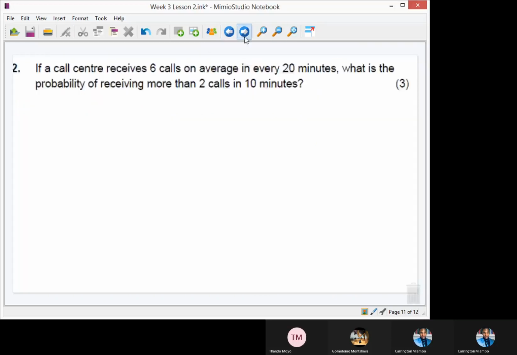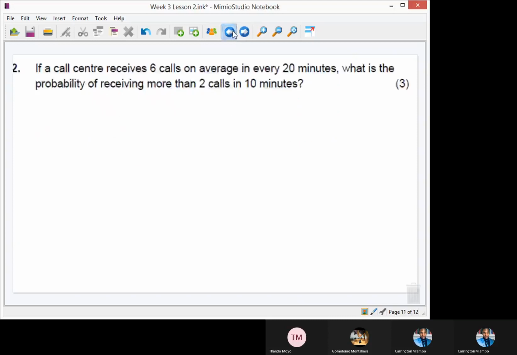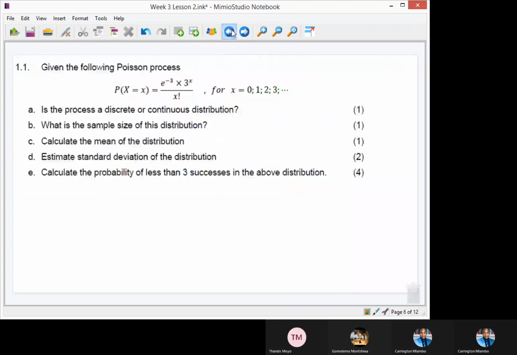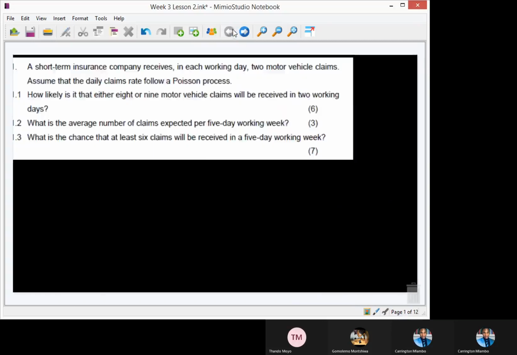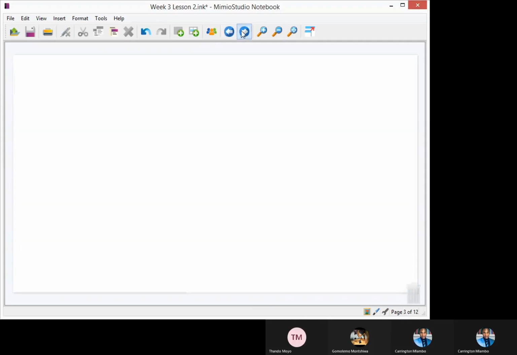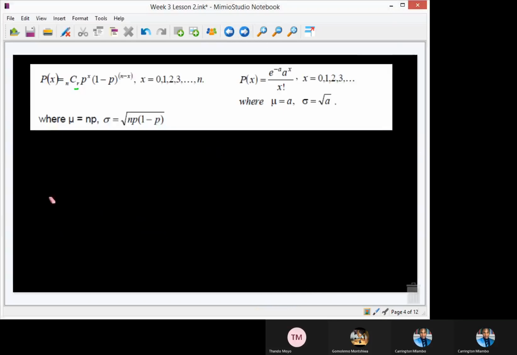Okay, I think the questions that I've prepared are now done. I just want to show you something. Sometimes they can ask you to calculate the mean, and you still remember mean is equal to NP, isn't it?